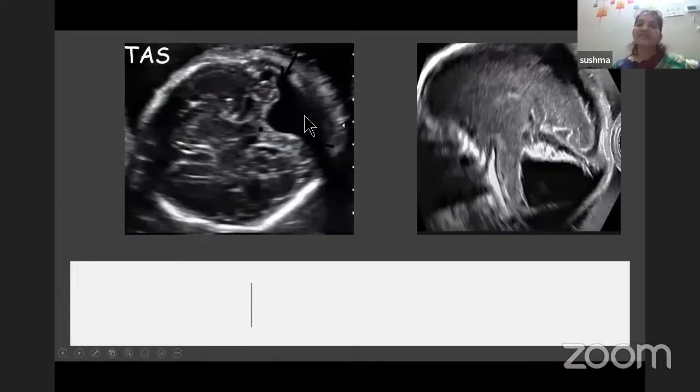Okay, so now this is the next image. Here we can see this is an axial section, and here this is a mid-sagittal section. Which section is this among the three axial sections? What do you think this is? Which plane is it?